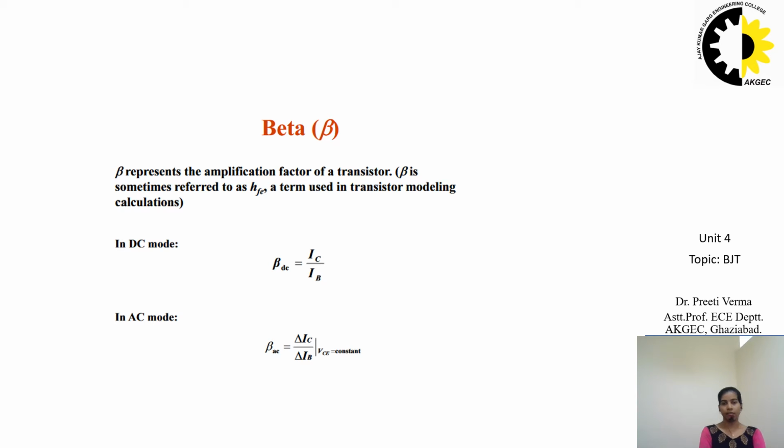The formal name for beta AC is the common emitter forward current amplification factor, since the collector current is usually the output current for a common emitter configuration and the base current the input current.